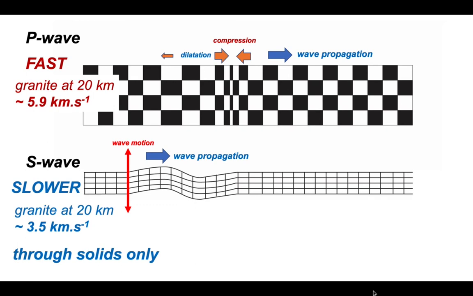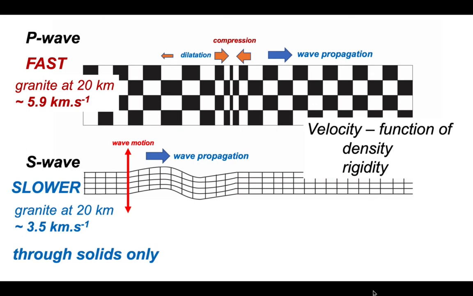So what controls the seismic velocities through rocks? It's principally a function of the density of the rocks and their rigidity. Liquids have effectively no rigidity, so shear waves have zero velocity through them. So now let's use these behaviours.